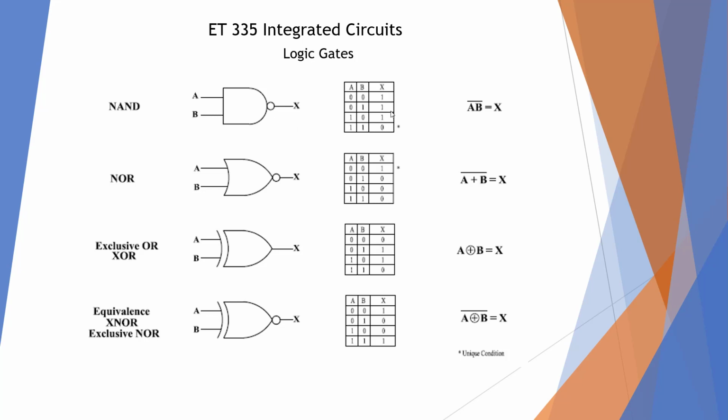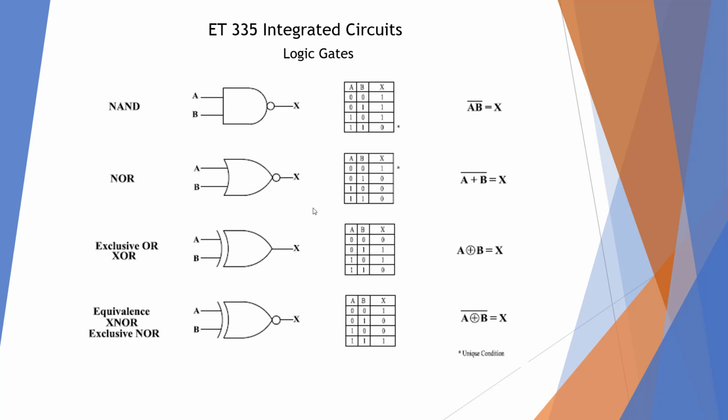Anything else is a 1. A NOR gate is an OR gate with an inverter on it, a bubble, and its unique condition is 0, 0. So we have 0, 0, it's a 0, inverted, becomes a 1. Anything else is going to be a 0.